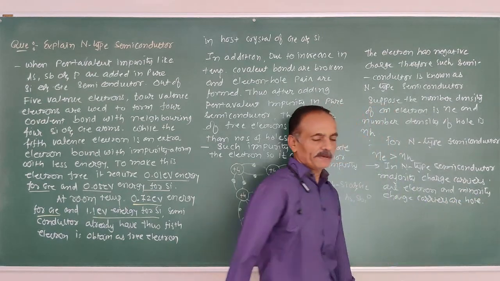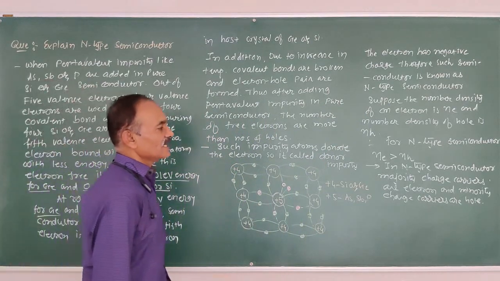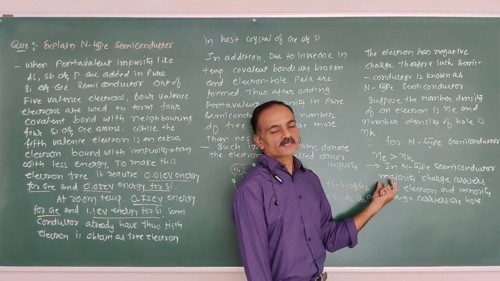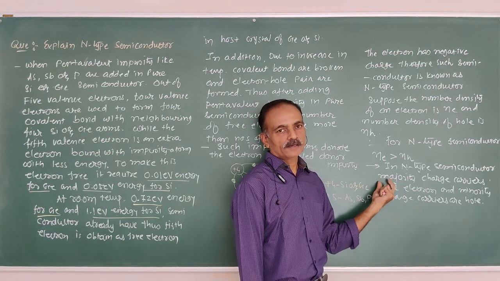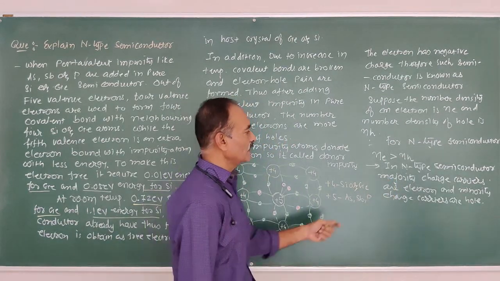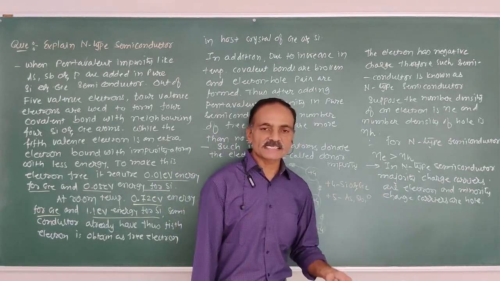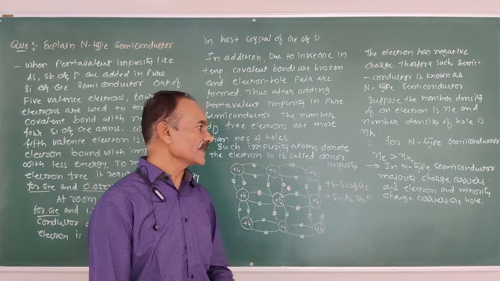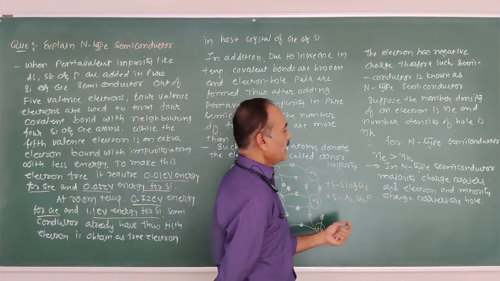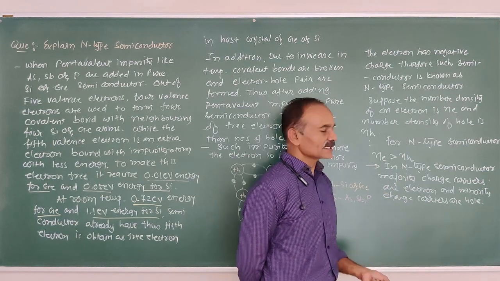So keep in mind that in N-type semiconductor, the conduction of electric charge takes place due to the motion of the electrons. Holes are also charge carriers, but the number density of holes is very small compared to electrons. Therefore, the majority charge carriers in N-type semiconductors are electrons and the minority charge carriers are holes.